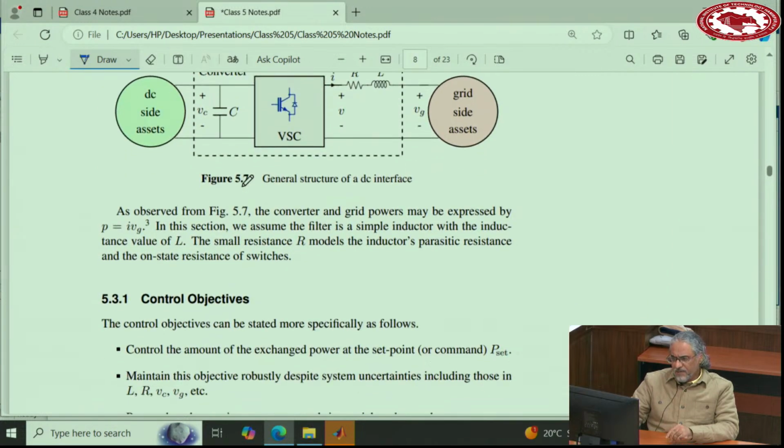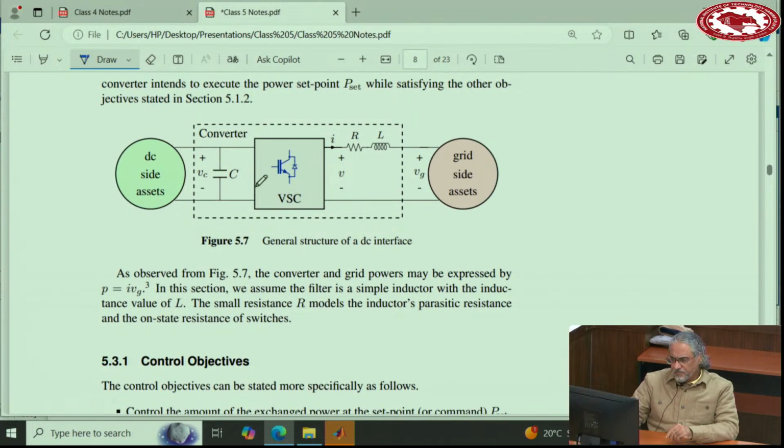So when we say power, if the power at this point we consider, that will be I into Vg here. If you consider the power here, it will be I into V. There will be a slight difference between the two, but not a significant difference. It's only a matter of power loss across this resistor, which is not supposed to be any large number.